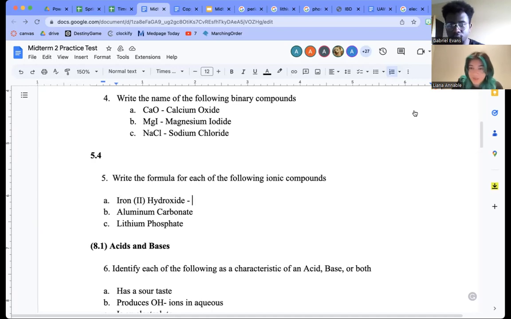I just want to make sure you're all careful when you write the OH2 because it does need to be in parentheses. Because if you were to write it like this, technically this 2 is only applying to the hydrogen, not the entire hydroxide. All right, any questions on this one?